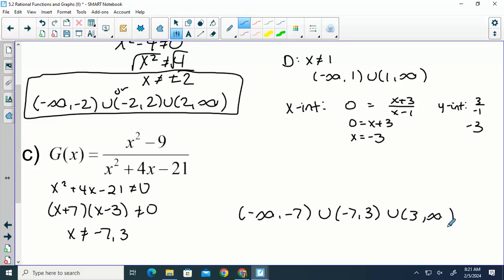So do you guys feel confident that you could find domains if I asked you to? So let's practice asymptotes.